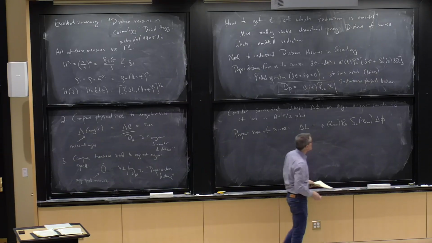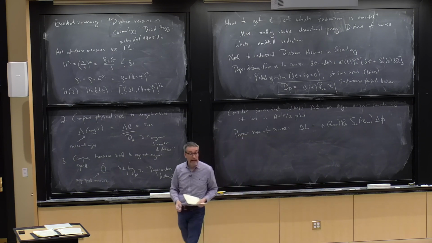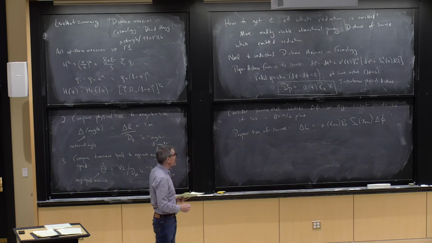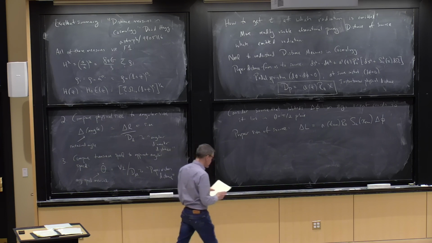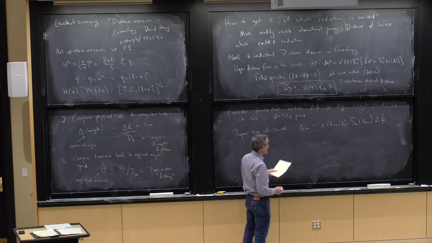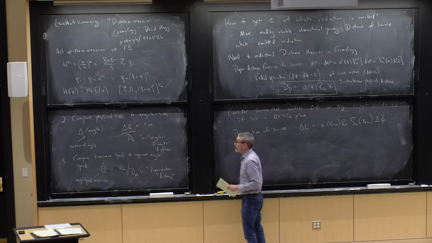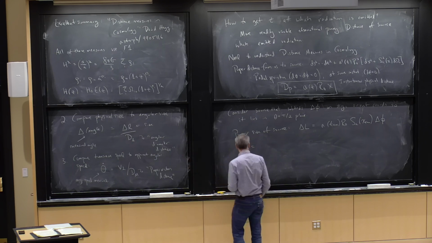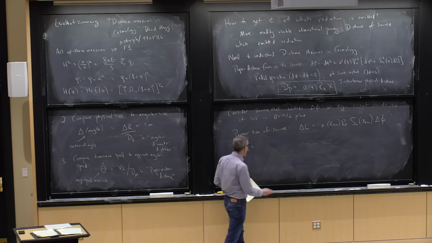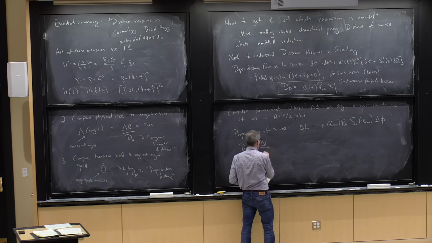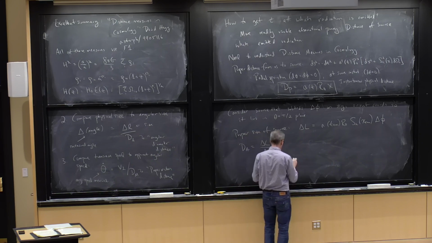Okay, so this is using one of the forms of the FRW line elements I wrote down at the beginning of this lecture. And so the angular diameter distance, the quantity that I've defined over here, is just the ratio of this length to that angle.